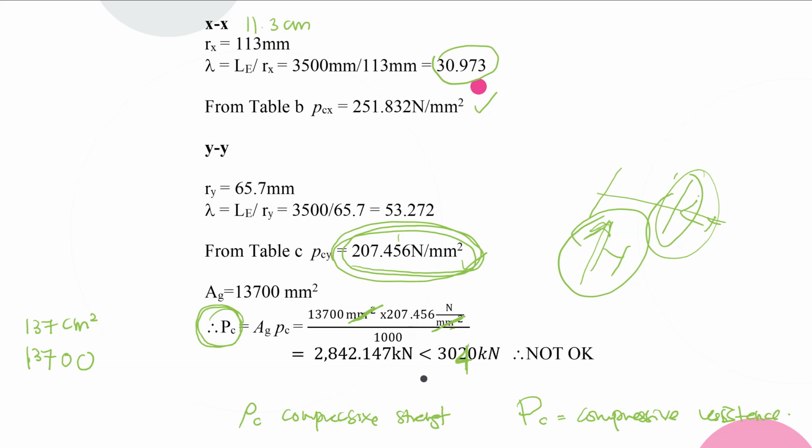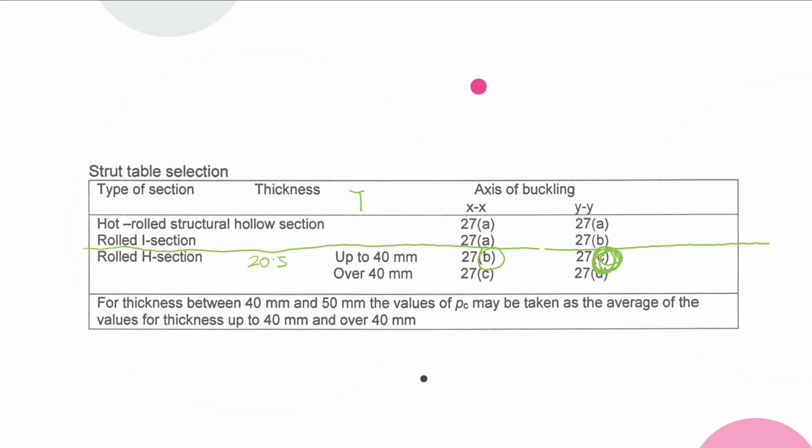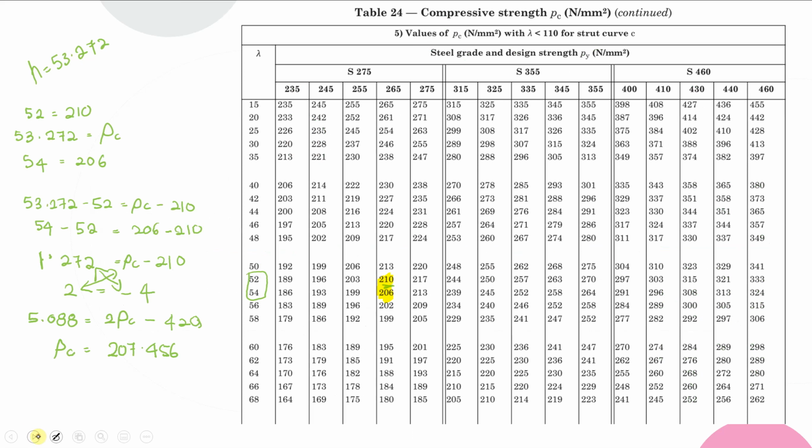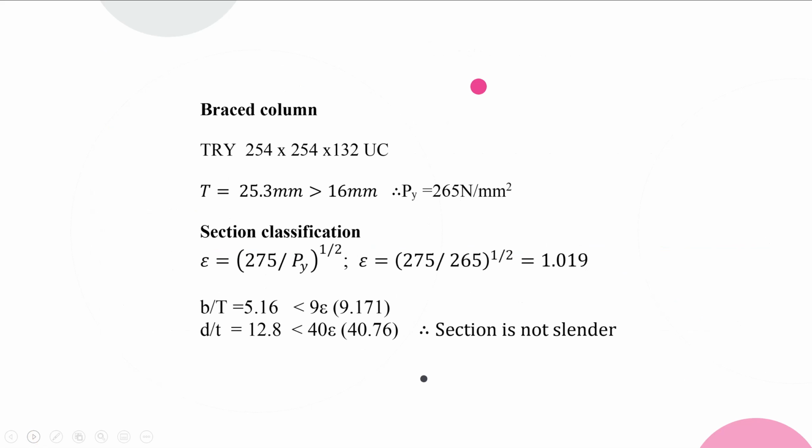Okay, so when it is not okay, then we need to suggest another section. Okay, so here I suggest, we have to redo everything from the start again. Okay, so 254x254x132, you see.